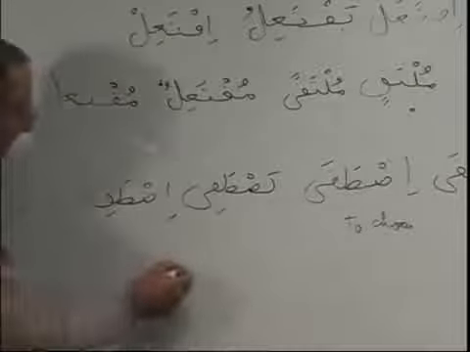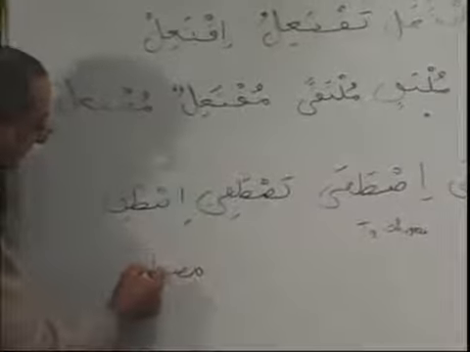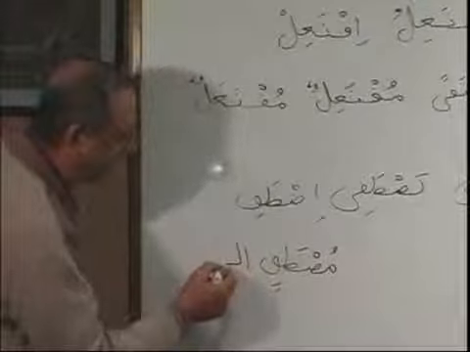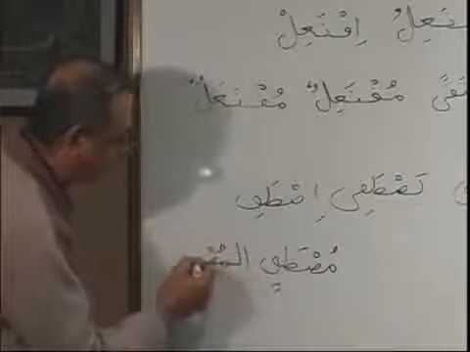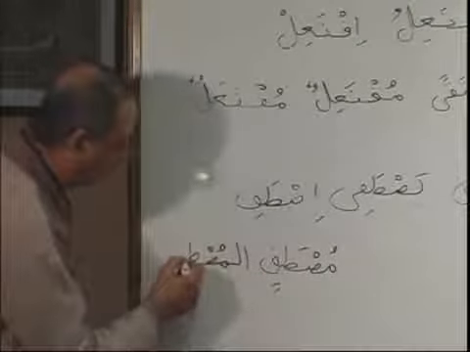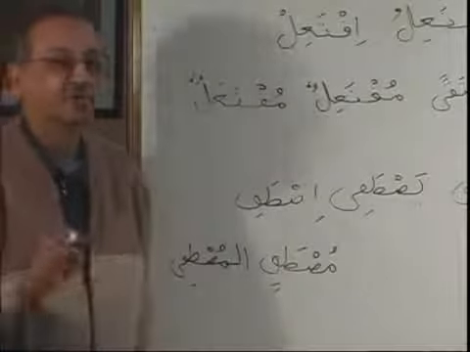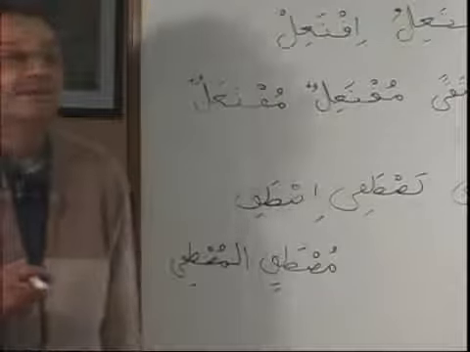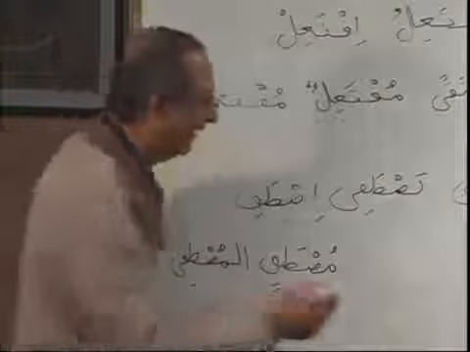Now, make the ism fa'il. Mustafin. What will you say? Mustafin, like that. And if you write alif lam, then it will become Mustafi. Allah is the Mustafi, when He chooses. And the one who is chosen, Mustafan, mashallah.